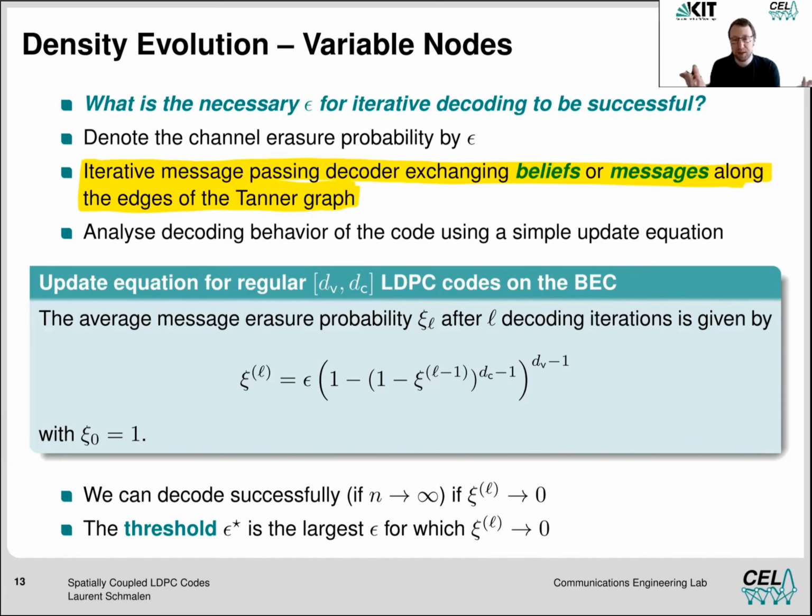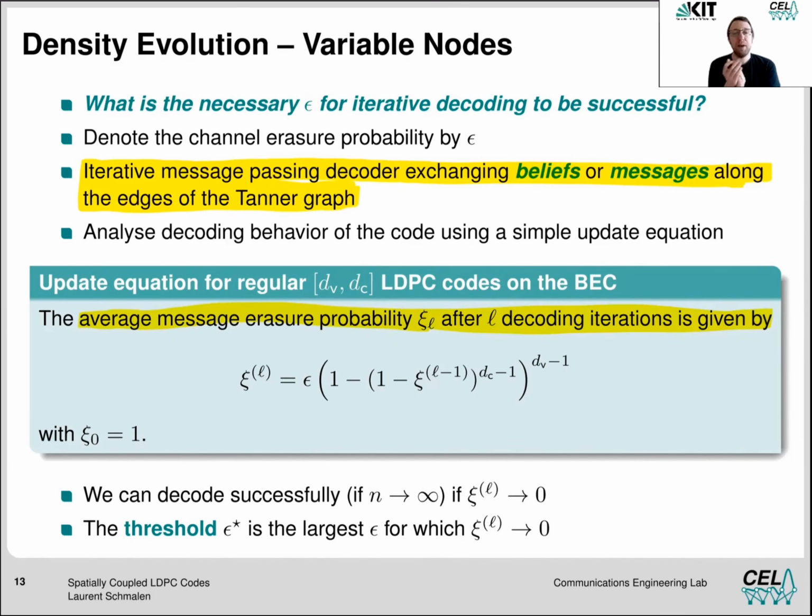So you need to fulfill some asymptotic conditions, meaning the block length of your LDPC code should go to infinity. And this decoder is an iterative decoder. And you can analyze the average erasure probability during decoding by a simple update equation, asymptotically.